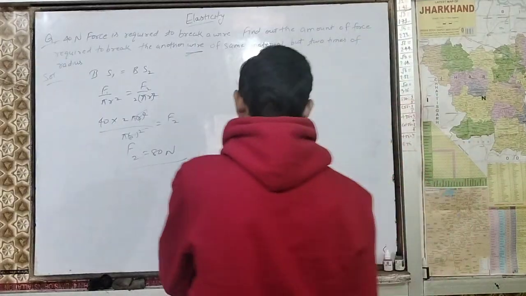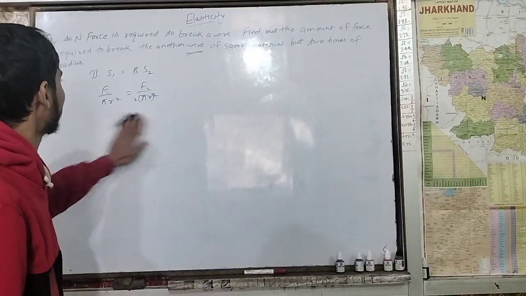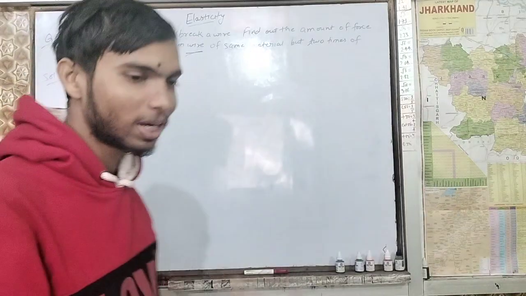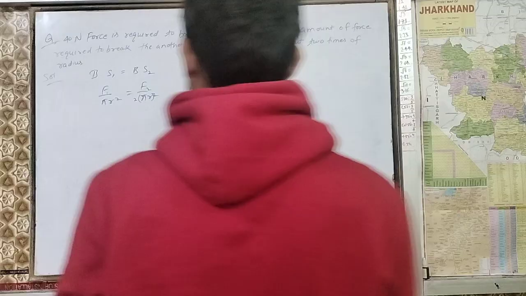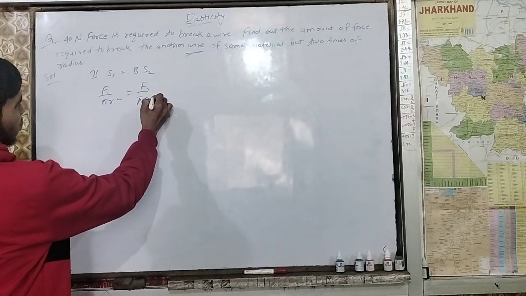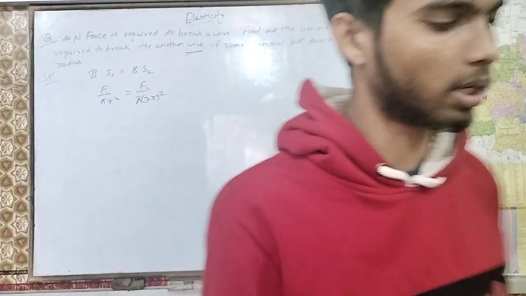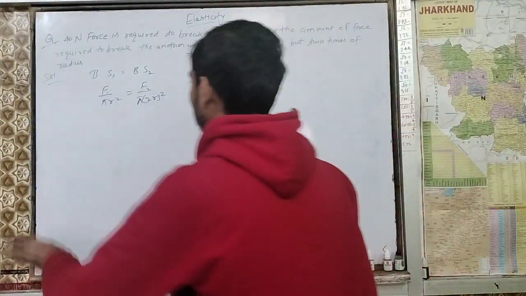One thing that I did mistake, try to understand. Area is not double. Radius is double. So pi will be as 2r square. Radius is double, not the area. Now let's simplify this.